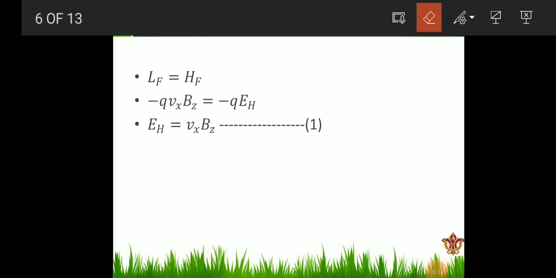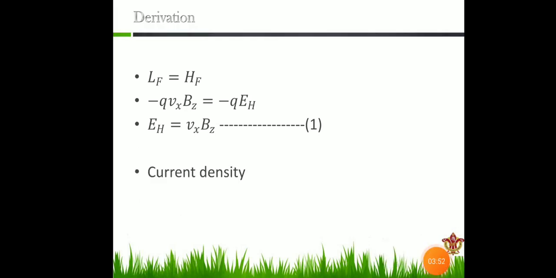Therefore, the value of EH is equal to Vx into Bz. As we know, in terms of drift velocity, the current density Jx can be written as minus NQ Vx. From this equation, we can get the value of drift velocity and substitute it into equation number 1.